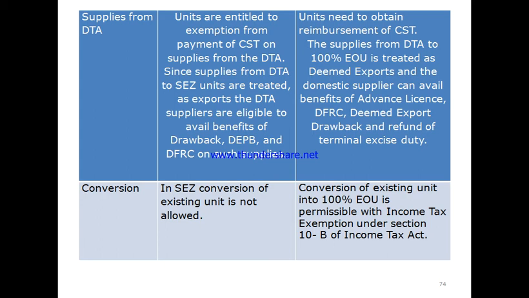Whereas SEZ schemes offer well developed areas. They have industrial infrastructure with plot, building space, power, water supply, transport, etc.